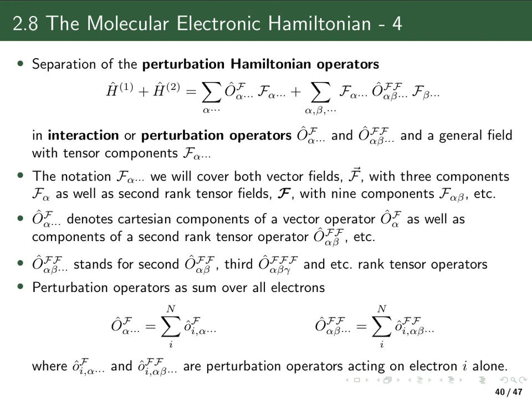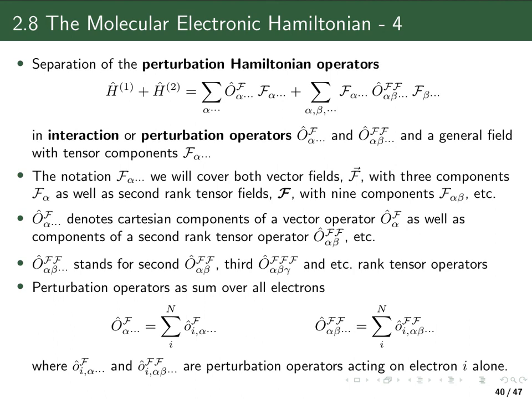And in order to cover these different cases in the same notation, I invented this alpha ... So F alpha ... can cover components of a vector field, where there would be 3 components, but it can also cover components of a second rank tensor field, where we'll have 9 components, and correspondingly the interaction or perturbation operators O alpha ... could be the 3 components of a vector operator, but could also be the 9 components of a second rank tensor operator, and correspondingly with 2 components there it could be a second rank tensor, or a third rank tensor, and so forth.